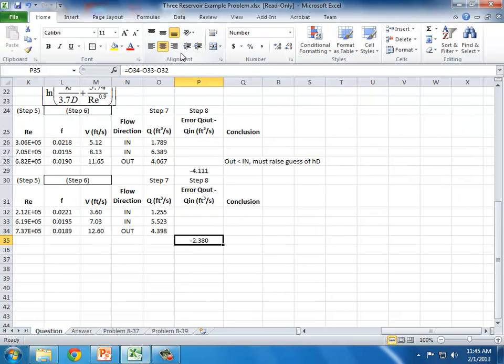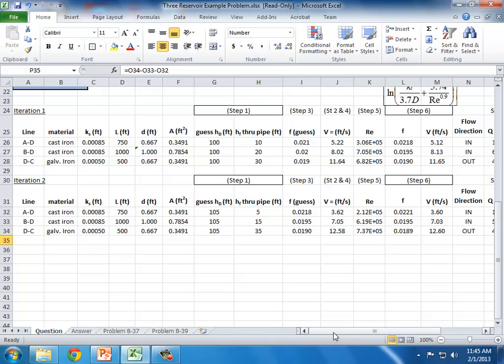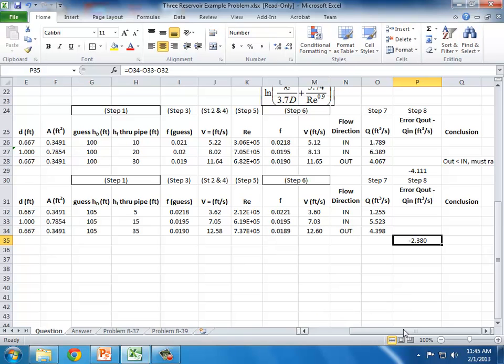What do we need to do to our guess at D? Should the next guess of D be greater than 105 or less than 105? Greater. We need to raise it even more. But we're getting closer. Out is still less than in, so we must raise the guess of HD.